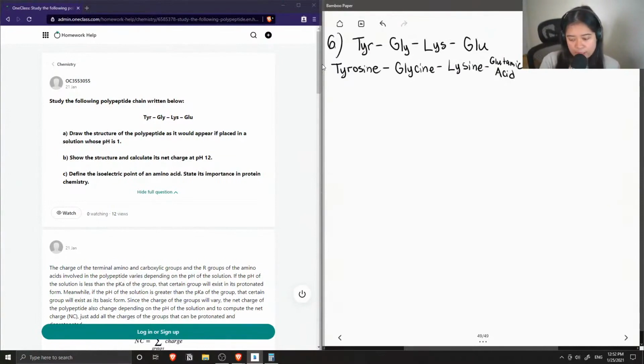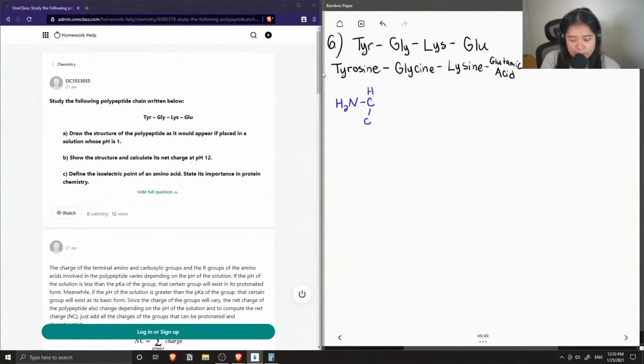Okay, so now that I have defined what each of these are, I'm first going to draw out all of the different amino acids bonded together, and then I'm going to label all of their pKa values as I try to answer the question. So every amino acid has an amine group, and what makes each of these acids unique is that they have a different R group.